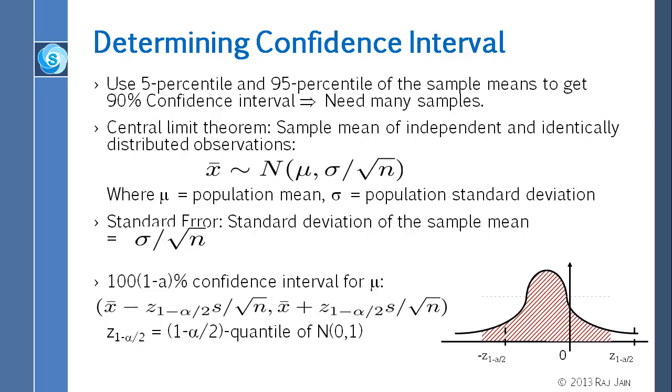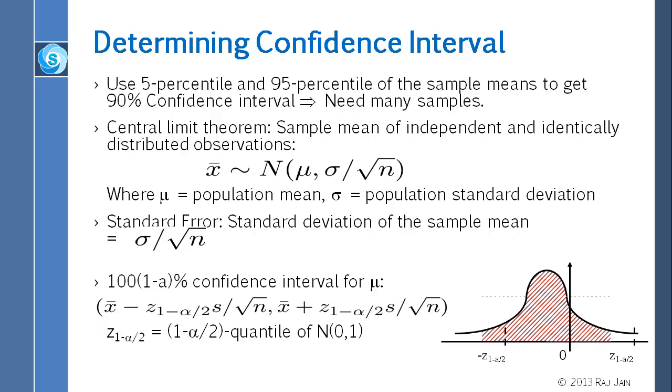When you take 3, square root of 3, and so on and so forth. So when you take n, the sample mean has the mean of mu and the standard deviation of sigma upon square root of n. As n goes up, this standard deviation goes down.